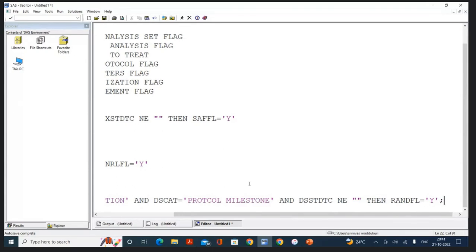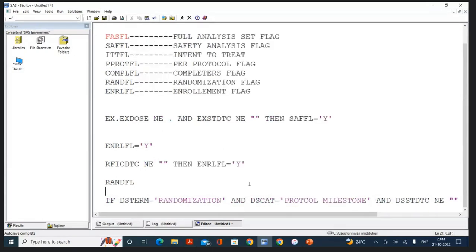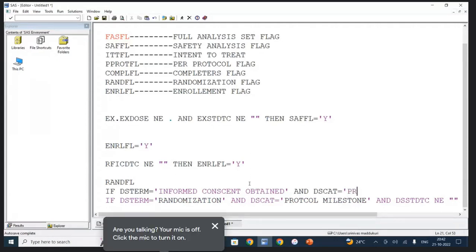Now this is the same logic that you are going to write for the enrollment flag. What are you going to do for the enrollment flag? If DS term is equal to informed consent obtained, then what are you going to write? And DS cat is equal to what should we write?